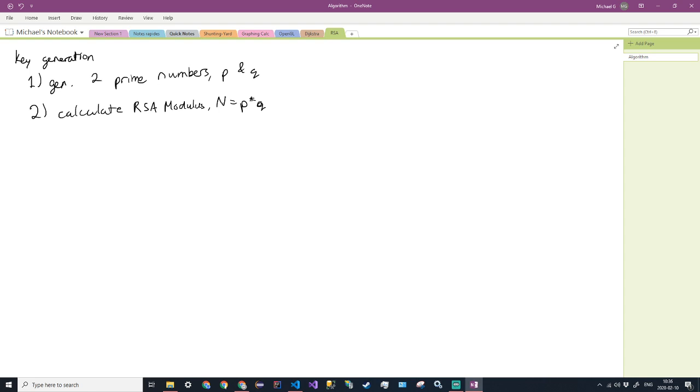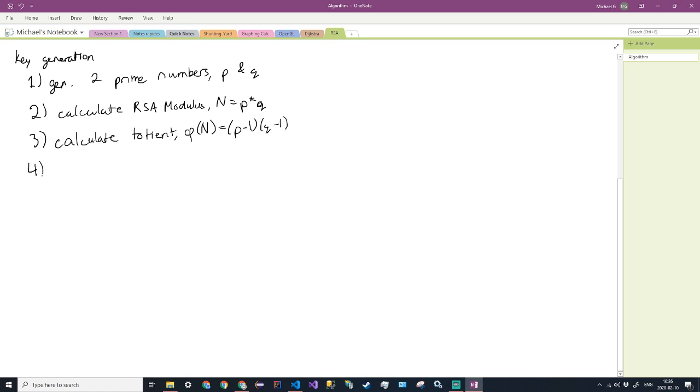All right. So you calculate the RSA modulus, and then you need to calculate something called the Euclidean totient, which is denoted as phi of n, the Greek letter phi of n, which is equal to p minus 1 times q minus 1.